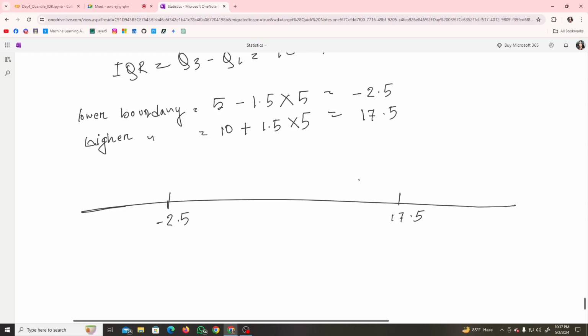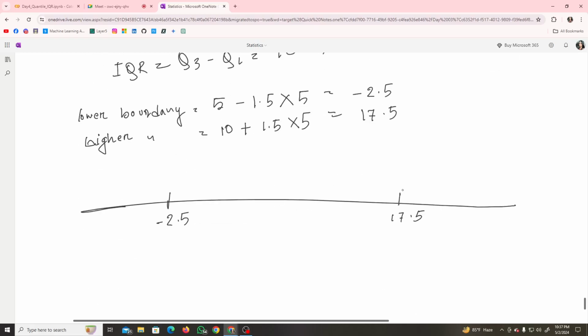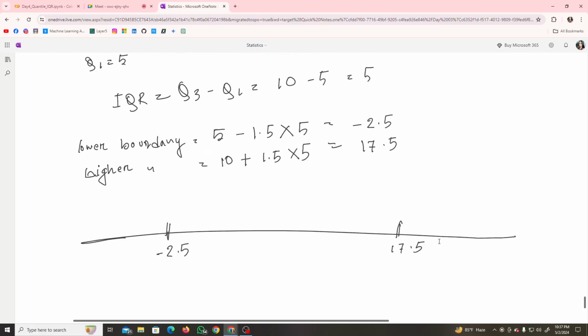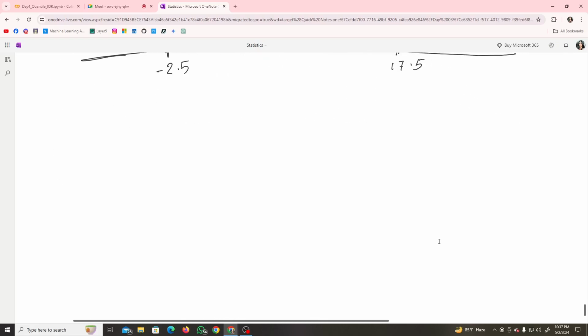Now we have to find our outliers, right? This is our fence, and to find our outliers, we have to find some other things. Let me quickly tell you what the 5-number summary is.